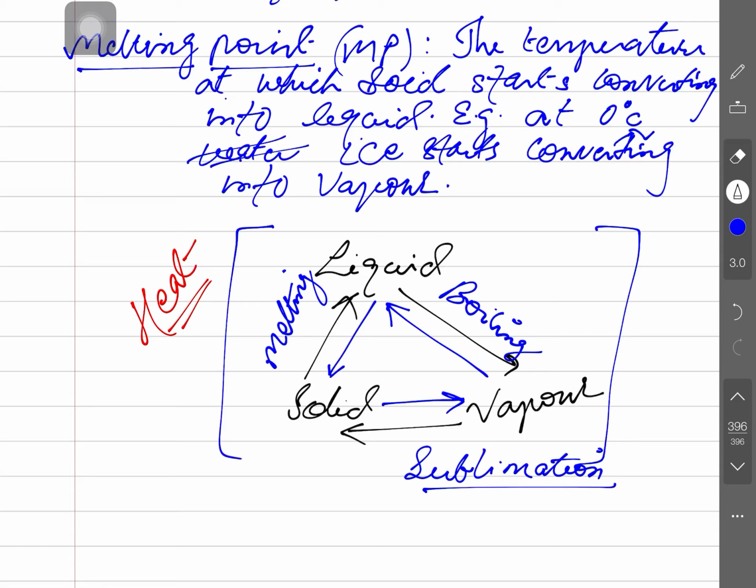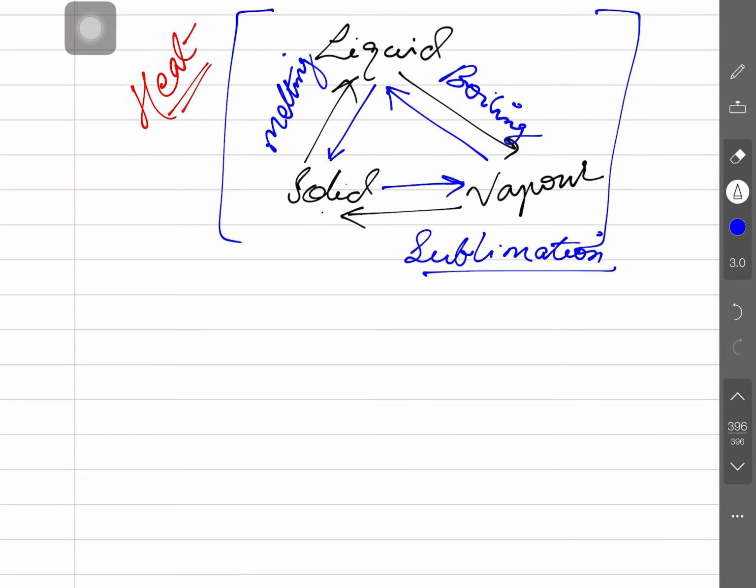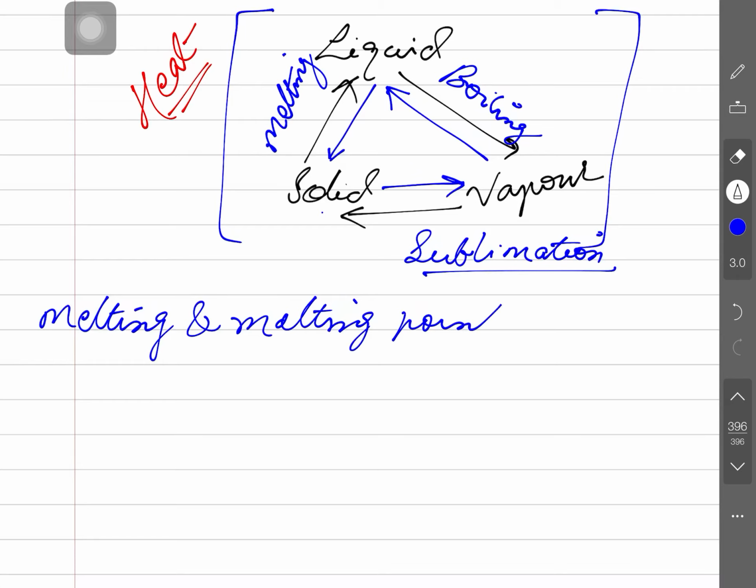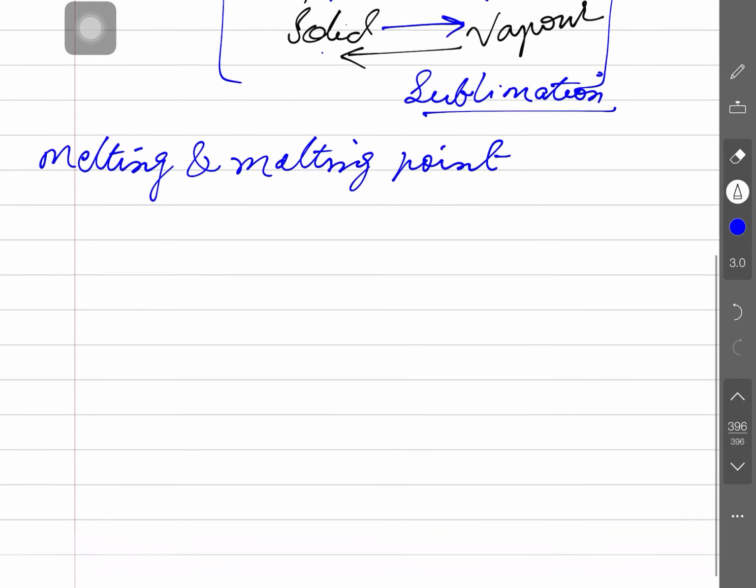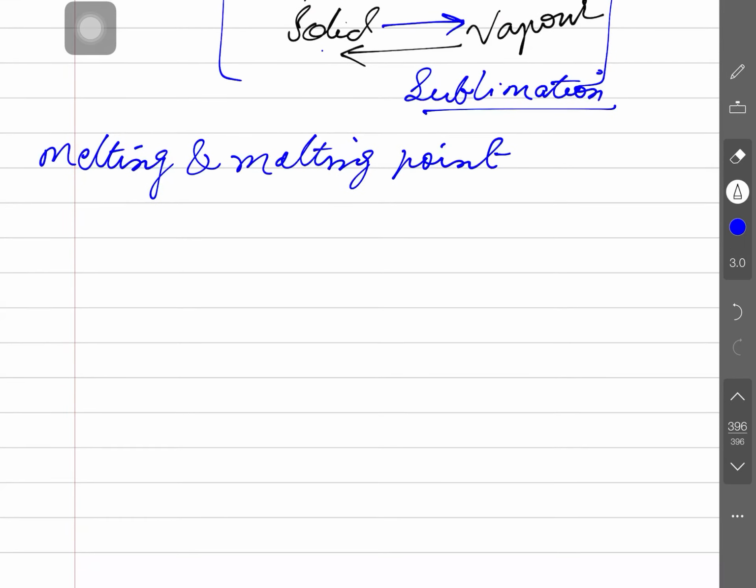Okay. There are different states here, so different concepts are to be discussed: melting and melting point, and second, vaporization and vapor formation.